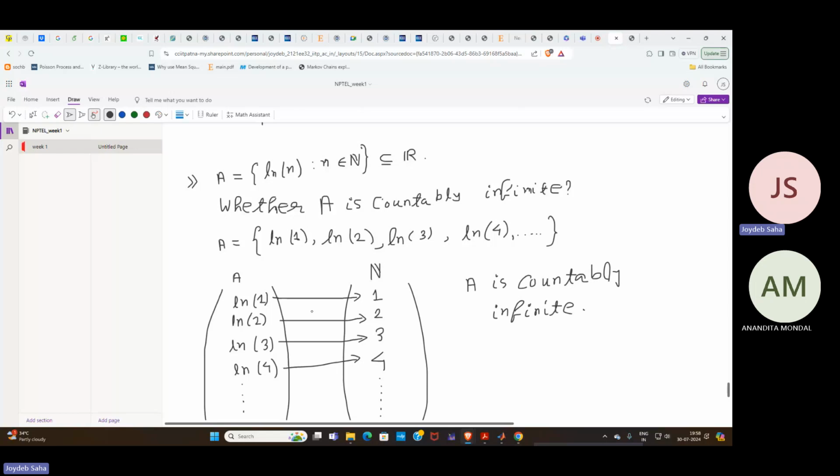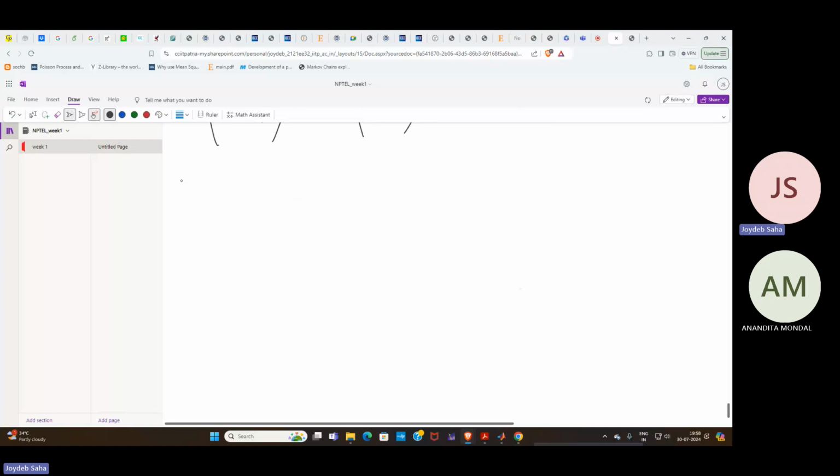So A is countably infinite. This note sheet will be shared with you also for your revision purposes.